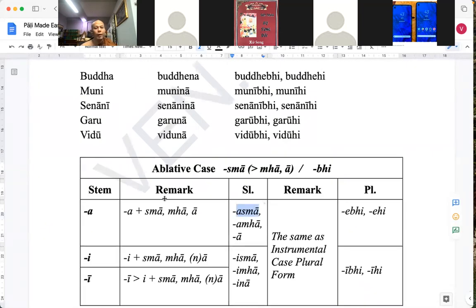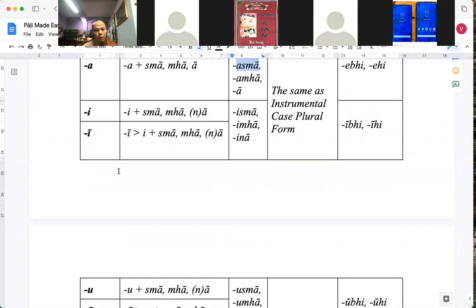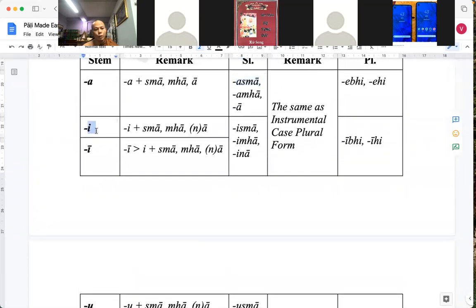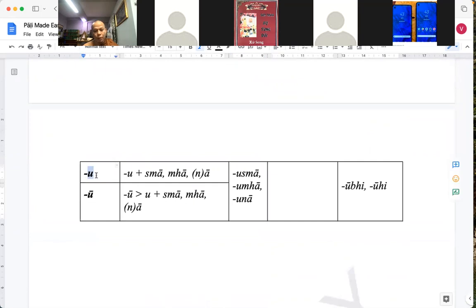So Buddha and sama, Buddha sama. The same way, to muni that sama is added, so muni sama. And to garu sama is added, so we have garu sama.